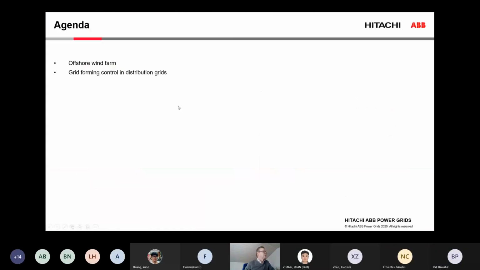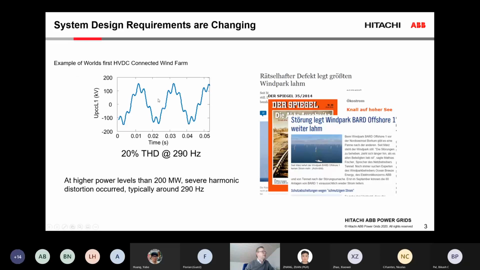So we will look first at an offshore wind farm, which is inspired by this wind farm.